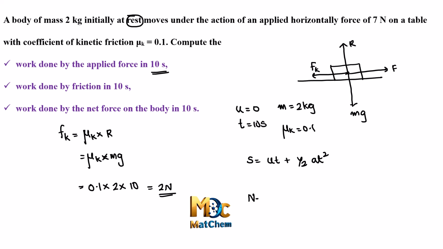So we can calculate that the net force is equal to applied force minus frictional force. The applied force is 7 Newton minus frictional force 2 Newton. Therefore, net force is equal to 5 Newton. So this body will be accelerated due to this net force.